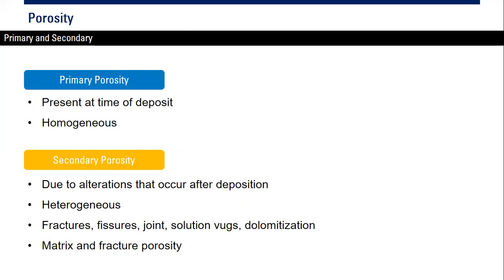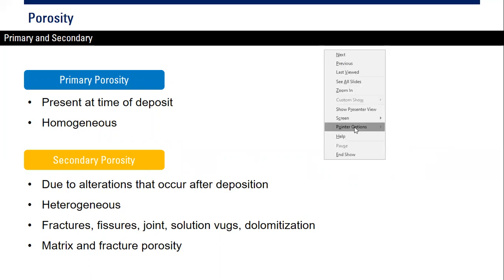But secondary porosity is generated due to alterations that occur after deposition. So it is not generated during the deposition time, but after that. And usually it is heterogeneous, so the porosity at one place will be different from another place.